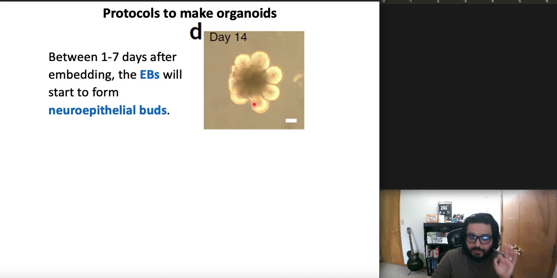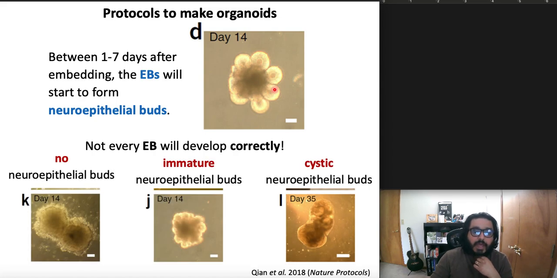Okay, so this is typical for cerebral organoids specifically. This won't necessarily happen in other organoids, but for cerebral organoids, brain organoids, you want to get these little buds appearing. And you have to do very careful microscopic analysis to select and pick the right ones, because it is not guaranteed that these buds will form.